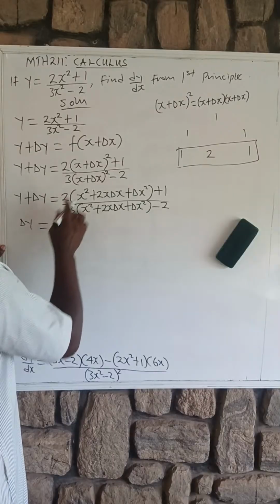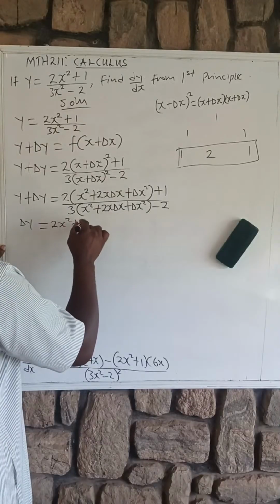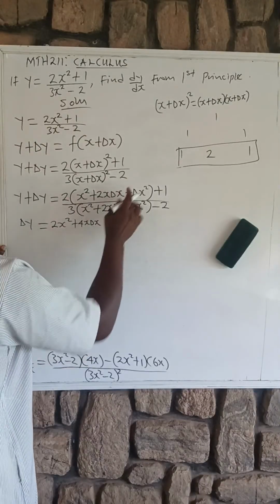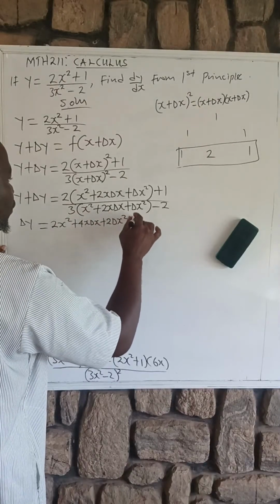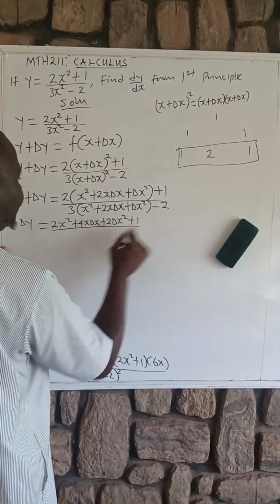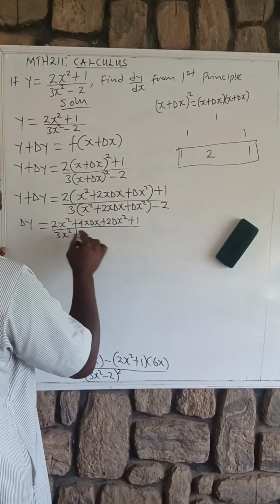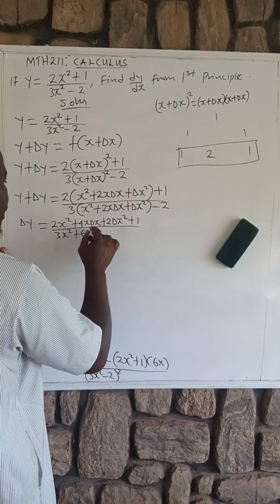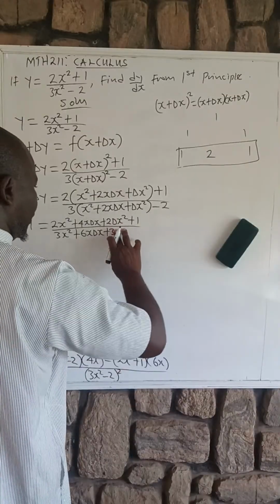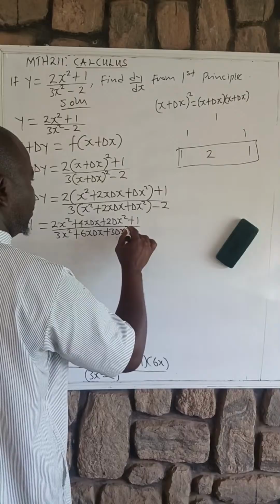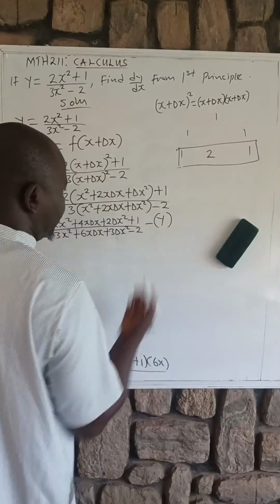We are going to have 2 times x squared, 2x squared, 2 times 2x dx, plus 4x dx, 2 times dx squared, plus 2 dx squared, then plus 1, all over the same thing applicable, 3 times x squared, 3x squared, 3 times 2x dx, 6x dx, 3 times dx squared plus 3 dx squared minus 2 minus y, right? You gotta put it inside the bracket.